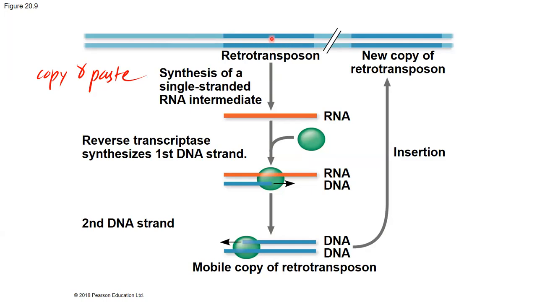This retrotransposon, by the way, encodes, within this DNA element, a gene for the enzyme reverse transcriptase, which is necessary to convert the transcript RNA of the retrotransposon into a double-stranded DNA molecule that can be inserted into another location within the genome.